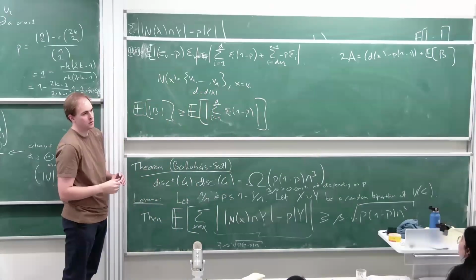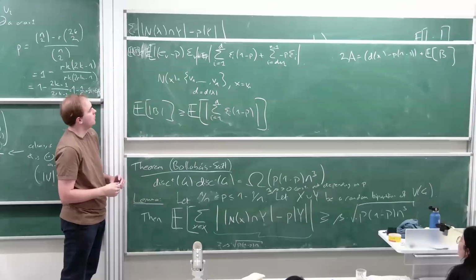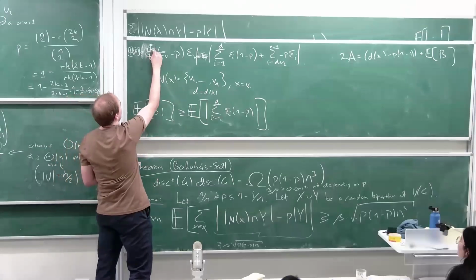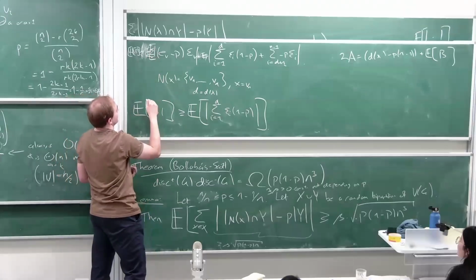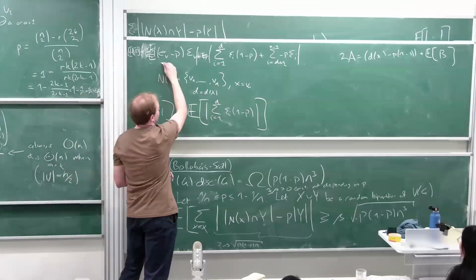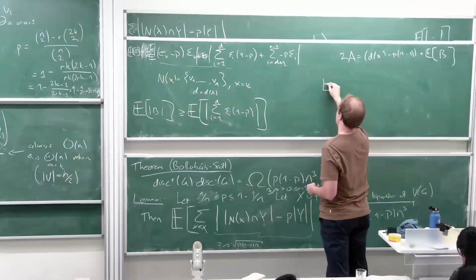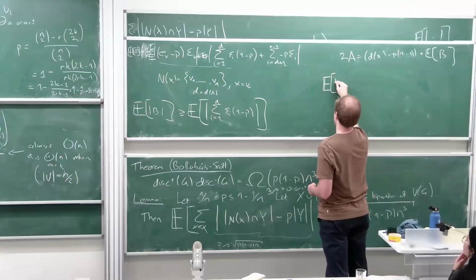Write down the first formula. Yeah, here I should be summing over B. Let me write this again. So the very top order should be written as this.